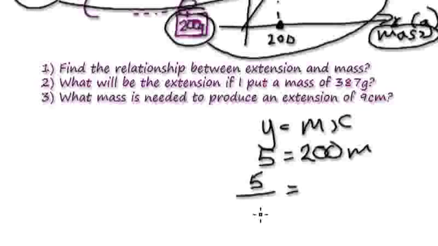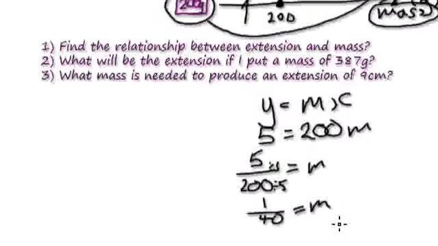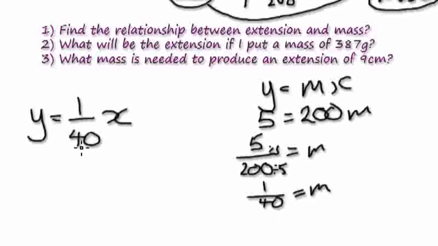So 5 over 200 equals m. Now let's divide top and bottom by 5 just to tidy this up. So this will be 1, this will be 40. So m equals 1 over 40. Now that you've got m, you know the equation is y equals 1 over 40 x. x happens to be the mass in this case.